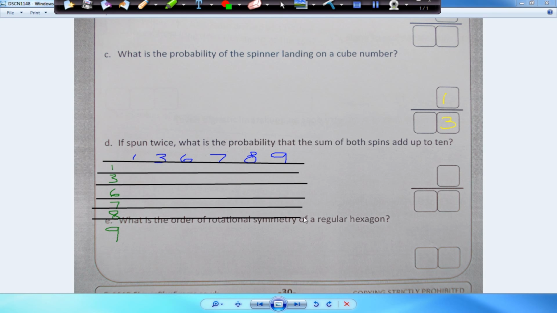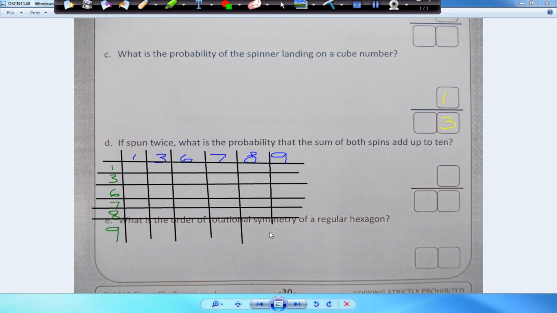Don't worry about the writing there for the moment. Now we need to do a line downwards. This is called a possibility space diagram. Look at all the different possibilities we can have.